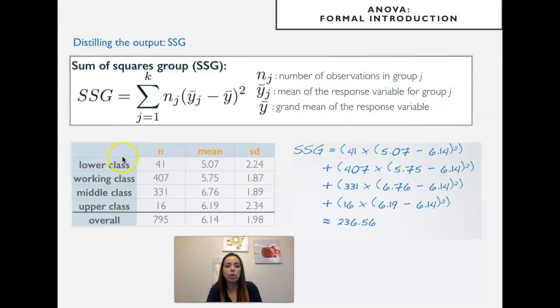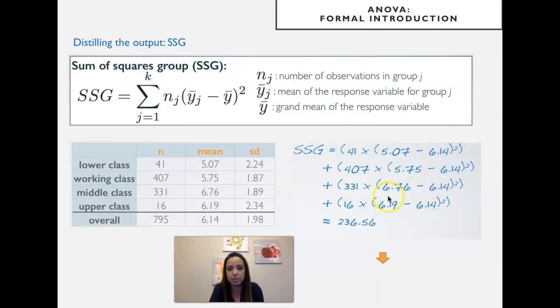Again, we're weighing by the number of people in the group. So lower class has 41. So it's 41 times the overall mean, you subtract from it the mean for that group, and then you square it. Then you do the same for the working class. We have 407 people that said they were working class. So again, you take the group mean and you subtract from the overall mean.